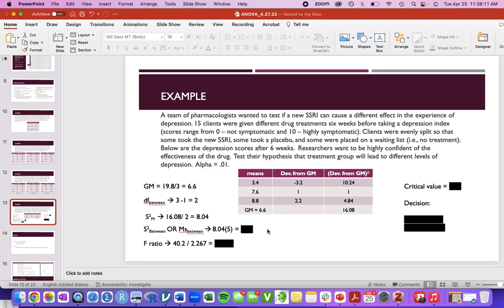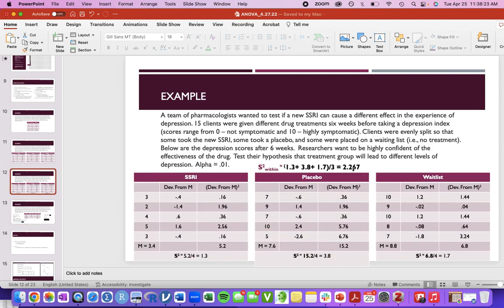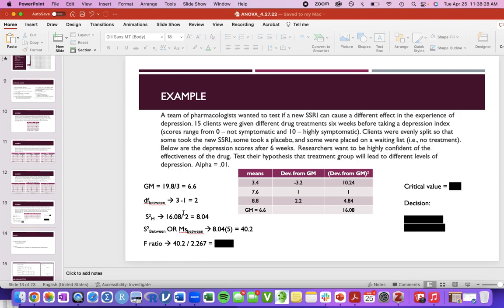So we multiply 8.04 by 5, which is 40.2. Now that we have our variance within, which we found up here, which is 2.267, and our variance between, which is 40.2, we can create our F ratio. That's going to be 40.2 divided by 2.267, which gives us 17.732. So that is our F ratio.